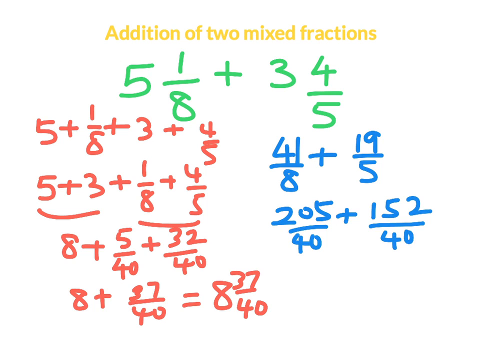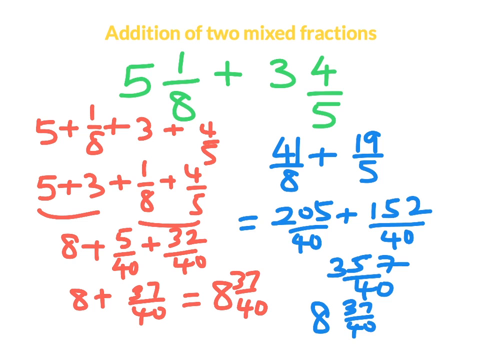So when you add 205 to 152, it's going to give you 357 divided by 40. 40 times 8 is 320, so that's 8 times. And if you deduct 320 from 357, you are left with 37. So that's 37 over 40, just the same value that we obtained by the previous method.